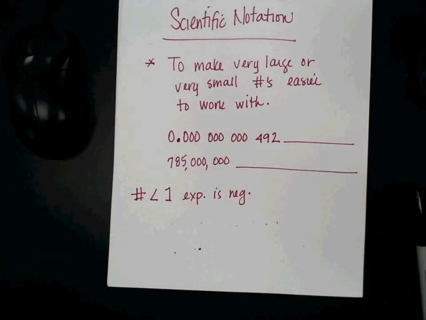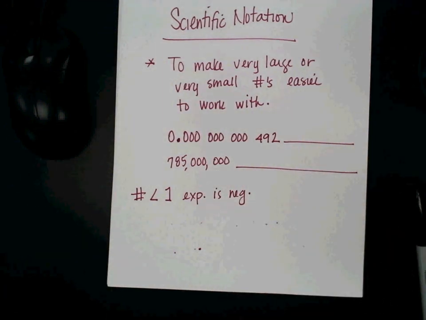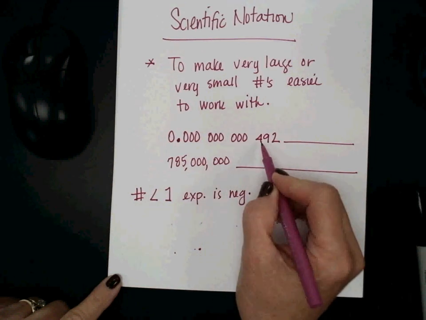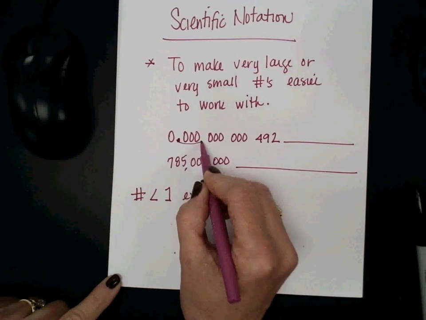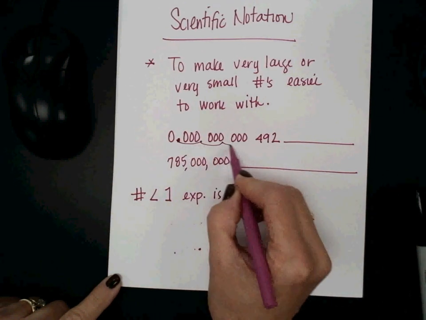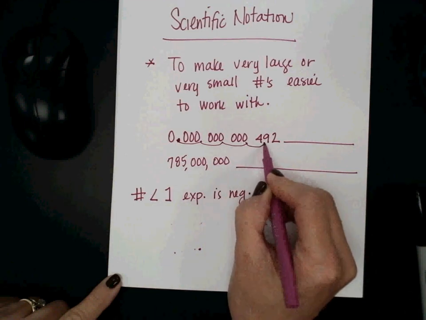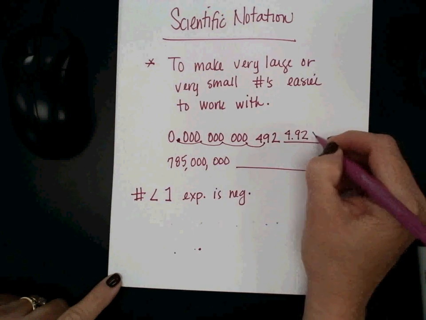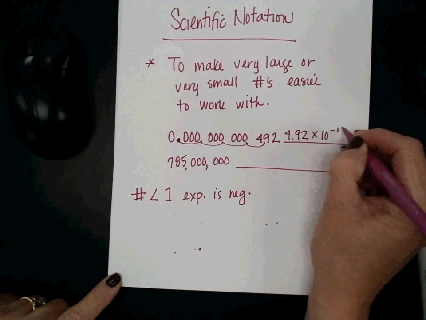And y'all know when I say exponent, that's the power of 10 it's raised to. Okay, so let's count. 3, 6, 9, 10. If I move this 0, here's 3, 6, 9, 10. So I would make this 4.92 times 10 to the negative 10.